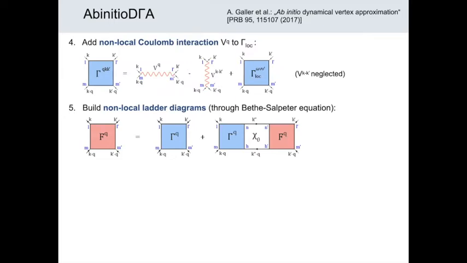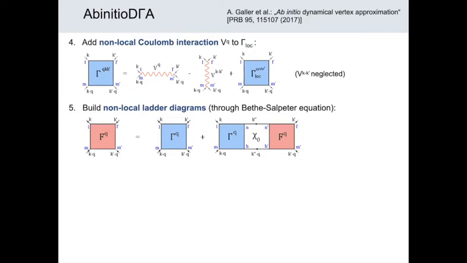And from a physical point of view, this is kind of a natural extension of the vertex function, because the vertex function, as the lowest order contribution, contains the Coulomb interaction, right? So the local Coulomb interaction is already contained in this local vertex function. And then I explicitly supplement it with the non-local Coulomb interaction. So that's shown in this first line here.